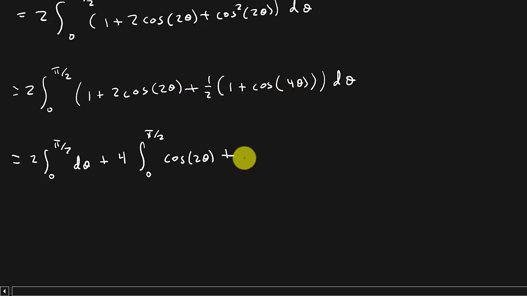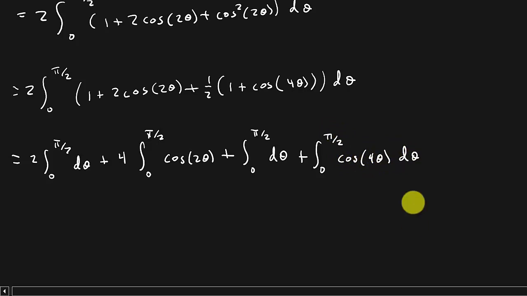That's going to be 1 plus integral 0 to pi over 2 of d theta, and then plus 0 to pi over 2 of cosine 4 theta d theta.